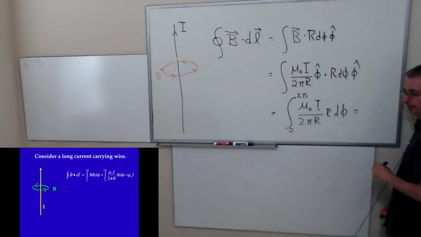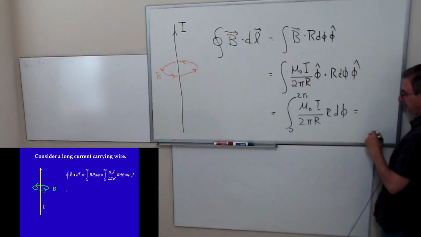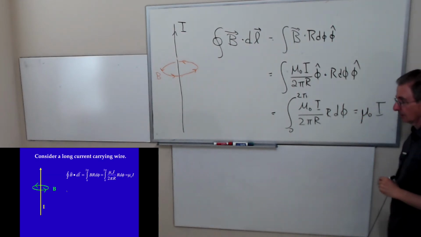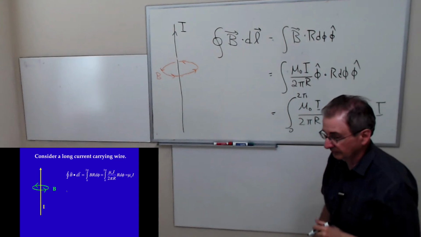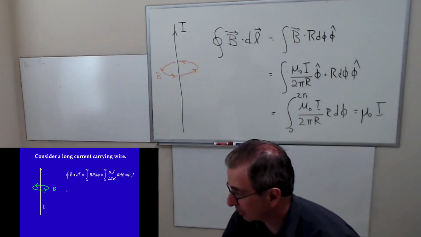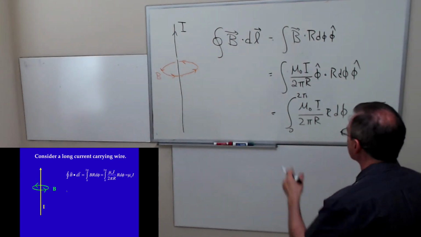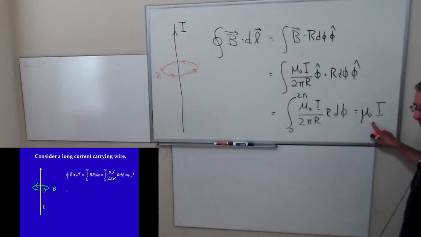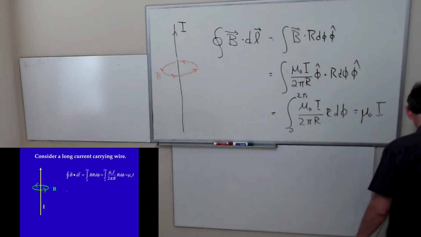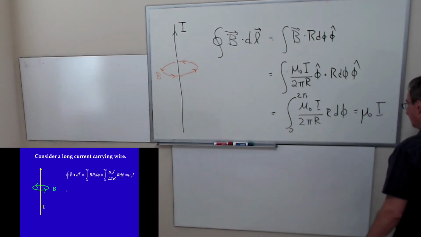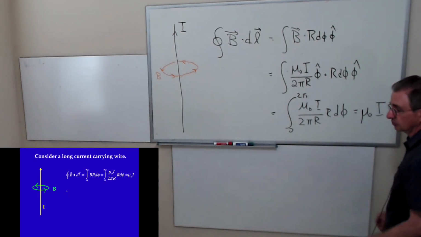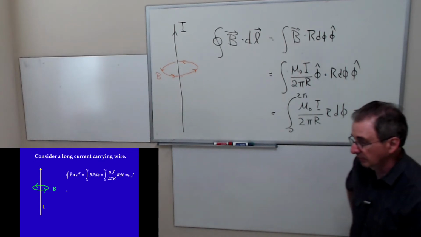So the integral of the magnetic field around a loop is equal to this. It really doesn't depend on the geometry. I chose a nice geometry because it works very simply. But if you want to do it in general, you have to use Stokes' theorem.